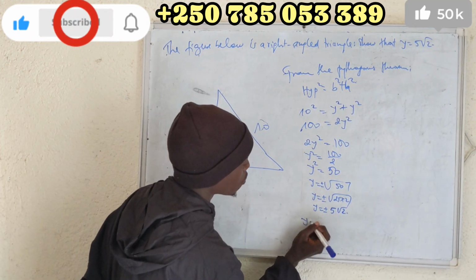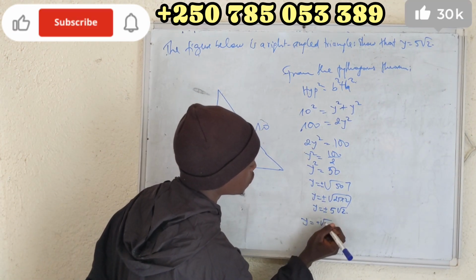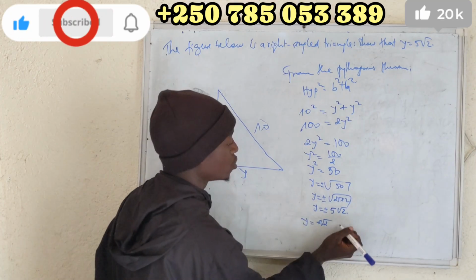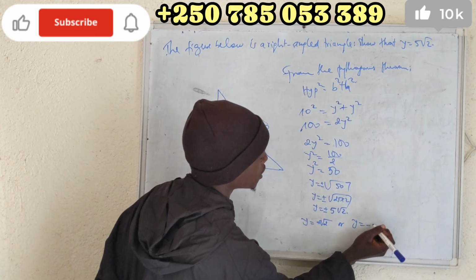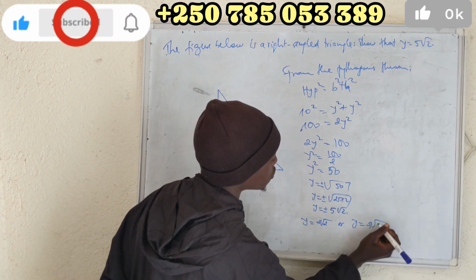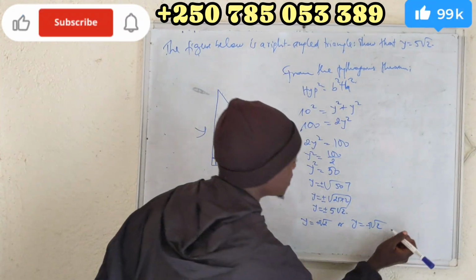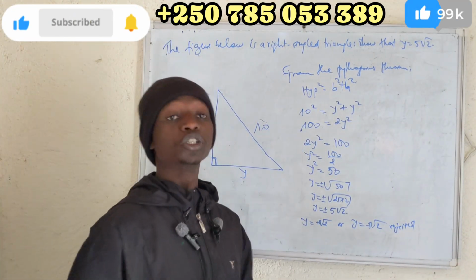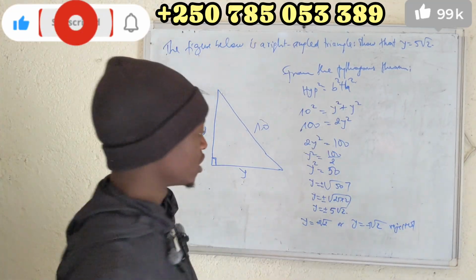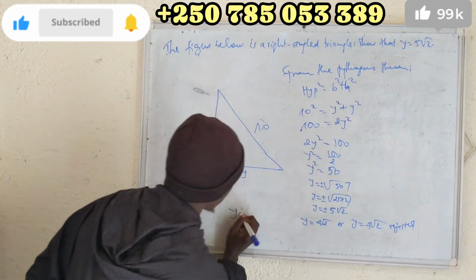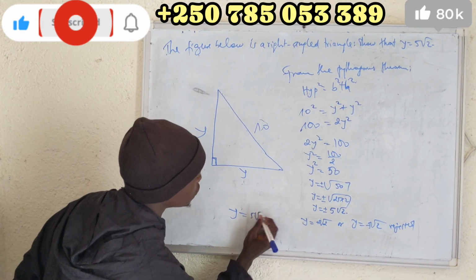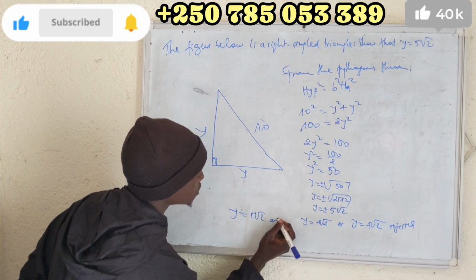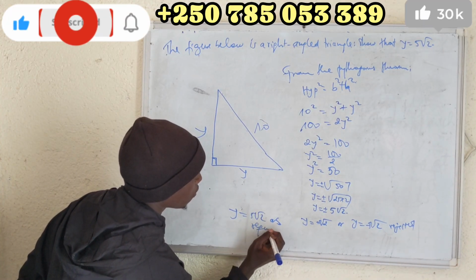So here we have y equal to plus 5 root 2 or y equal to negative 5 root 2. We are going to reject this, rejected because in length we do not have a negative sign. So our y is equal to 5 root 2 as required.